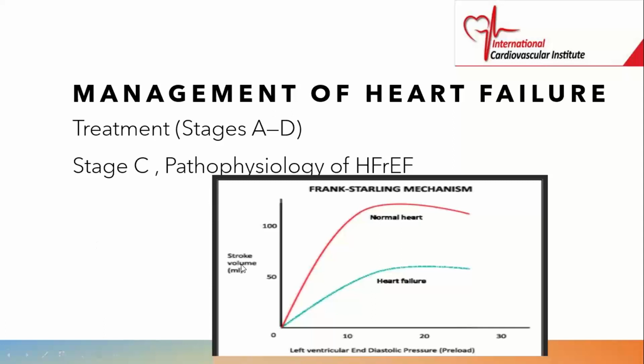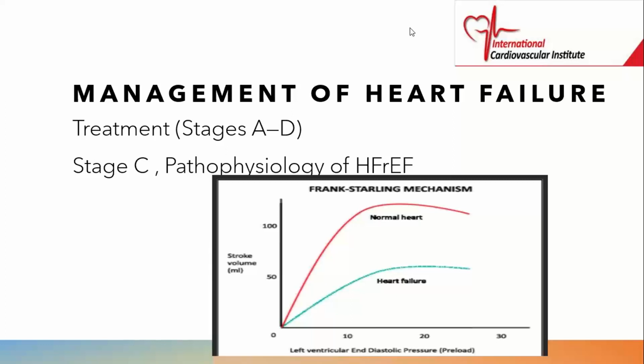And this is the normal curve, called the Frank-Starling curve. This is what it looks like. As we said, the preload is on the horizontal axis. The greater the stretch, the greater the output.